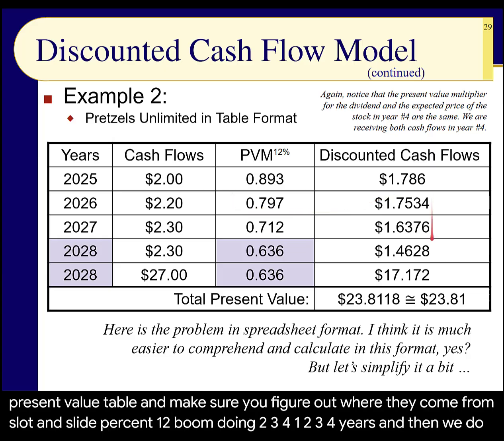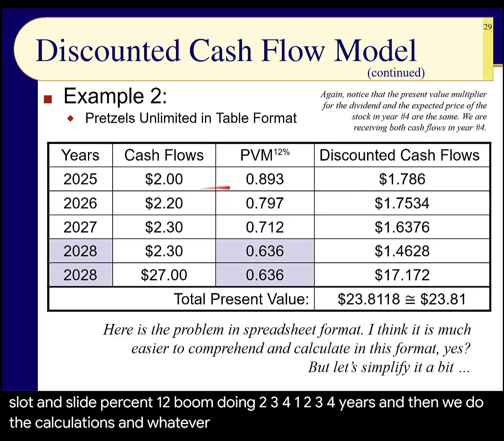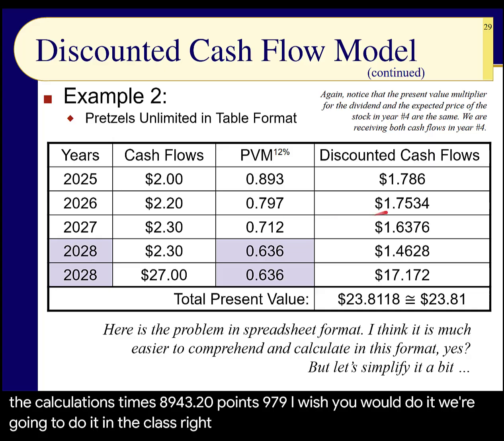And then we do the calculations, whatever that is, $2 times 0.893, $2.20 times 0.797. I wish you would do it. We're going to do it in the class, right? 1.7534, $2.30 times 0.712, 1.6376, and then $2.30 times 0.636, $1.46.